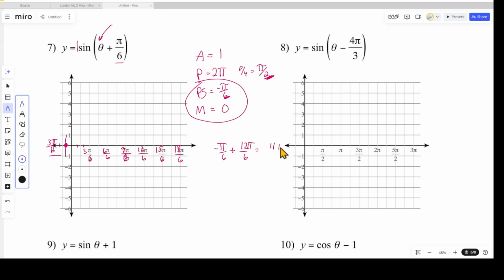So 11 pi over 6 is 2 pi units away from negative pi over 6. 11 pi over 6 is 2 pi units to the right of negative pi over 6. So there's 12 pi over 6, so this will be the end of my box. I'm kind of just eyeballing 11 pi over 6. This is 9, 10, 11, 12.